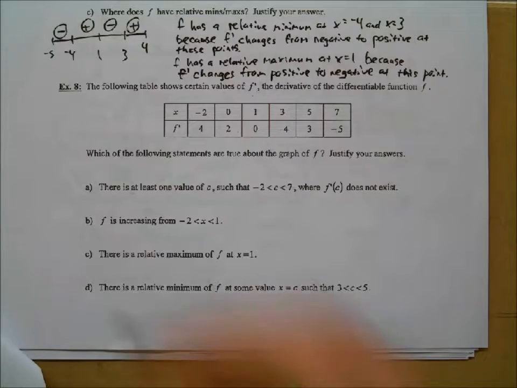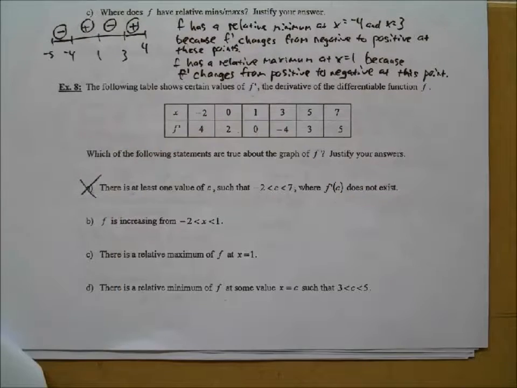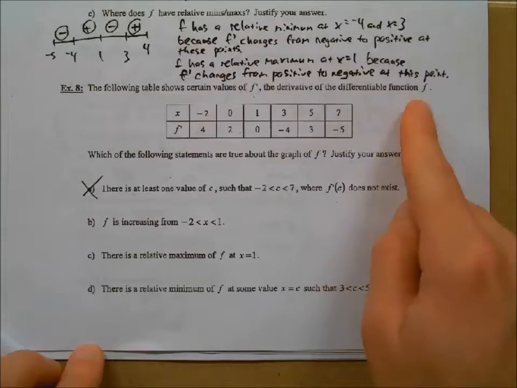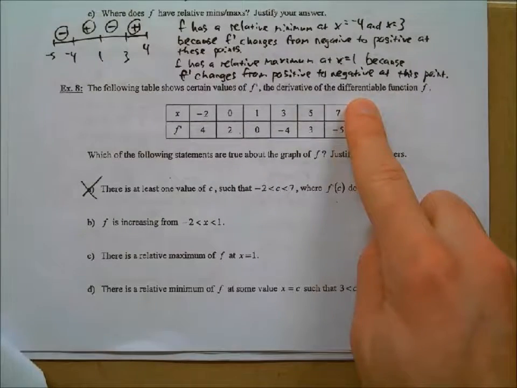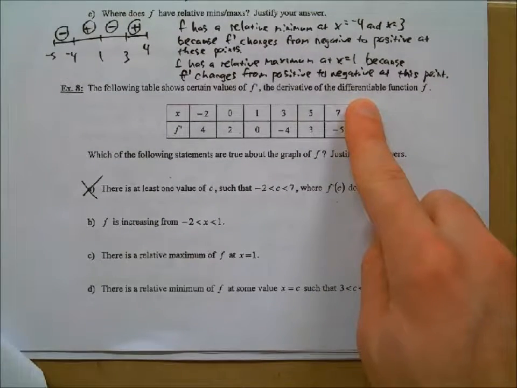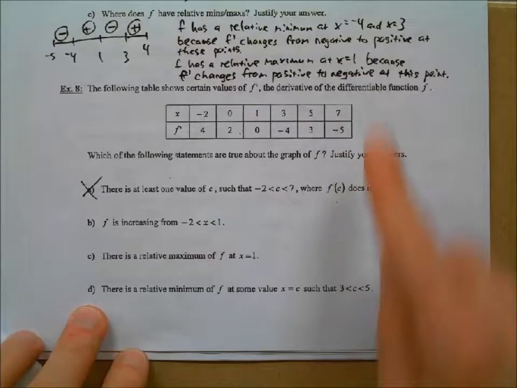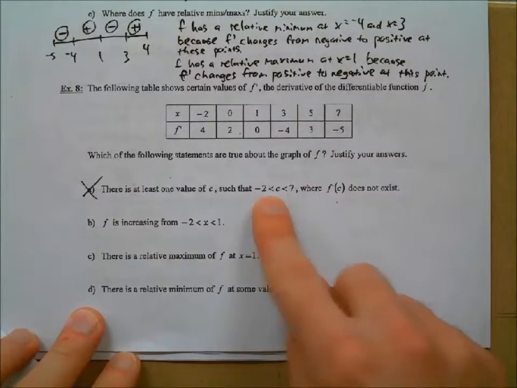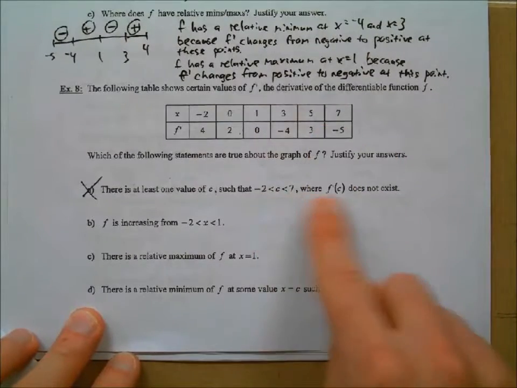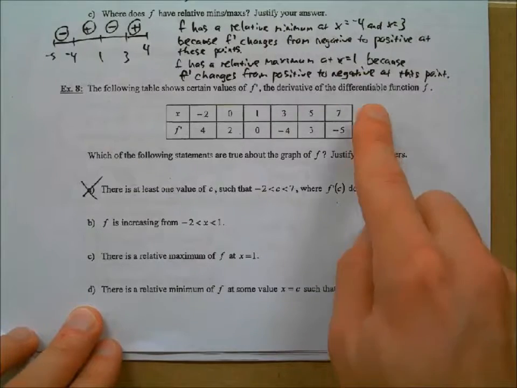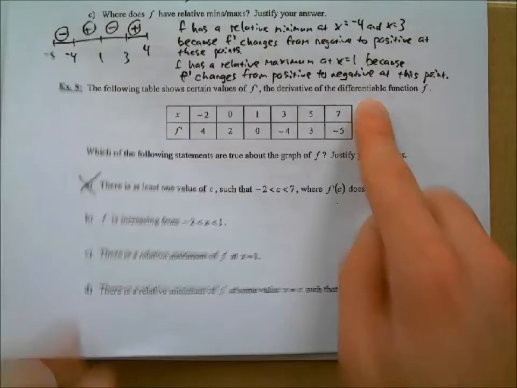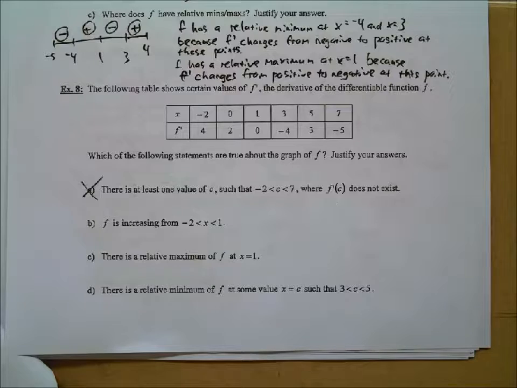False. What piece of information here helps us know this is false? Differentiable. Since f is differentiable, that means its derivative, f prime, should have no problems. It's able to be differentiated. This is saying there is some value between the x values negative 2 and 7 where the derivative would not exist. Well, then would the function be differentiable? No, so f is differentiable here.